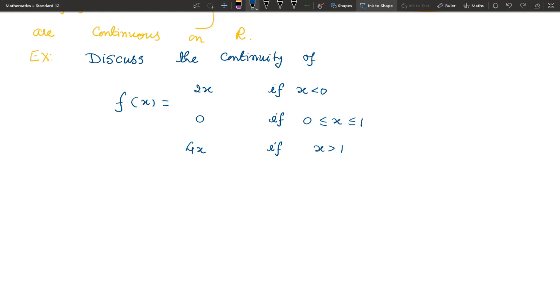So discuss the continuity of this function.